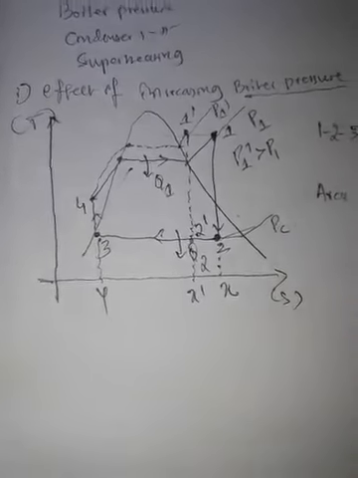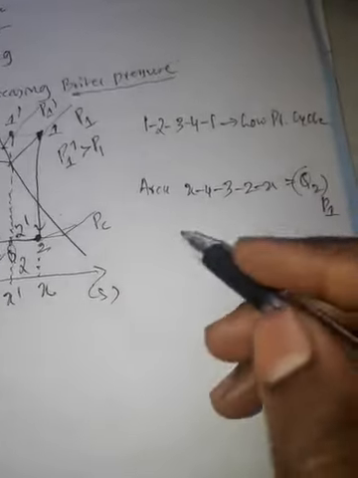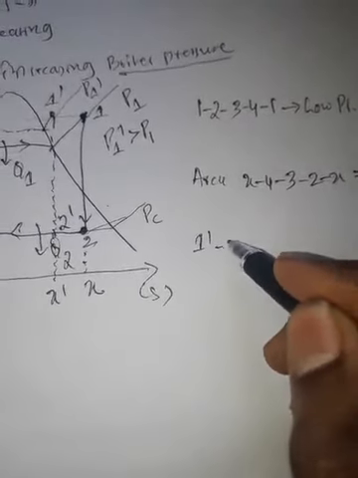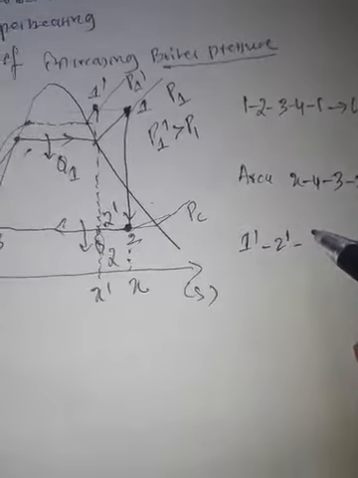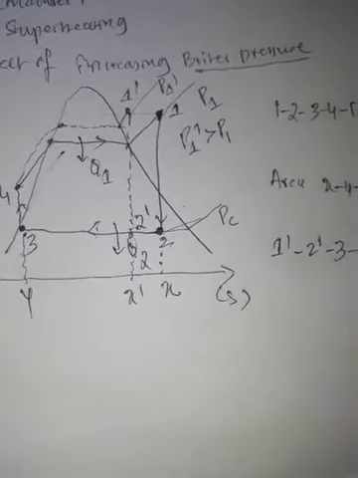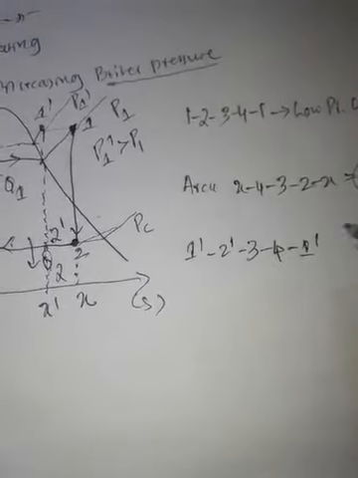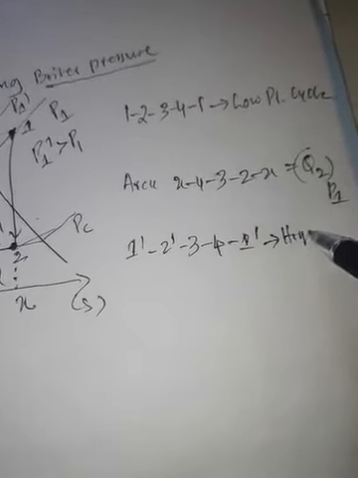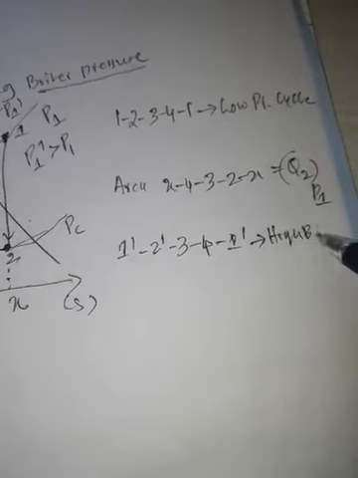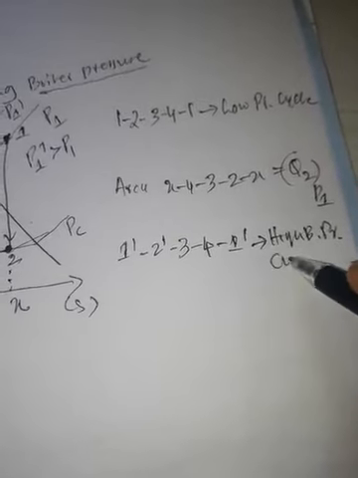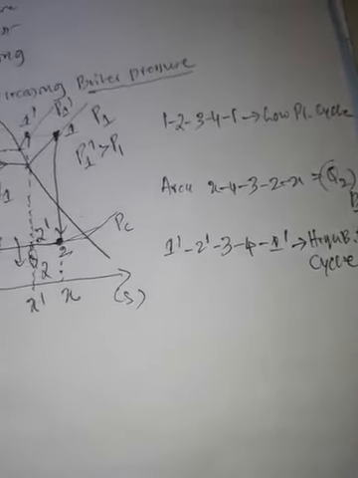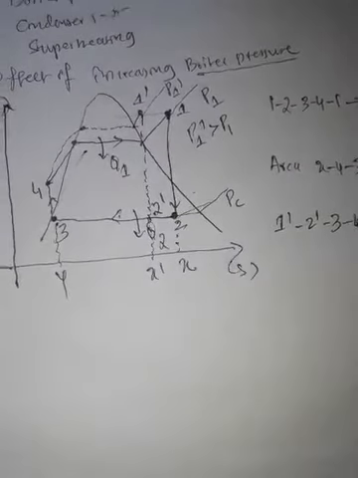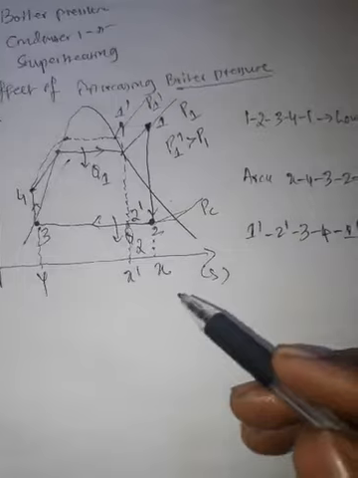Now the new cycle is the high pressure cycle, which is the cycle 1 dash, 2 dash, 3, 4, 1 dash, the high boiler pressure Rankine cycle. For the new cycle, if you observe, what is the heat rejection area?